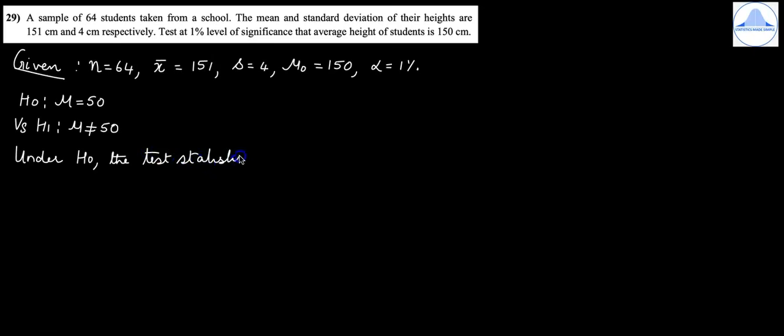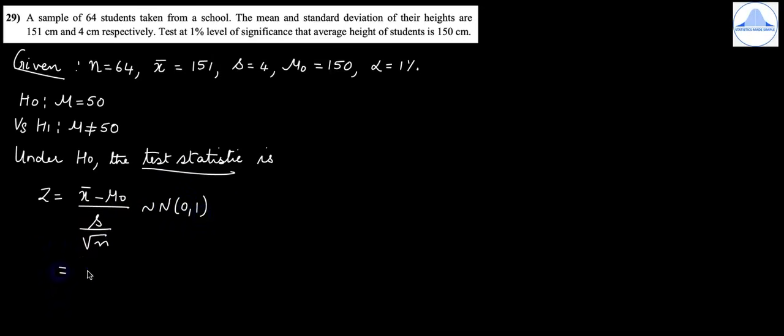The test statistic is, so z is equal to x bar minus mu naught divided by s by root n, which follows normal 0, 1. So this is equal to 151 minus 150 divided by 4 by root 64.